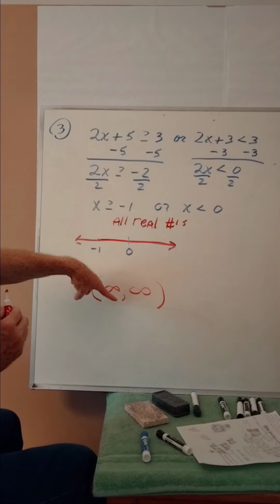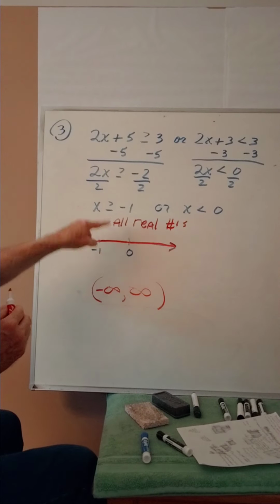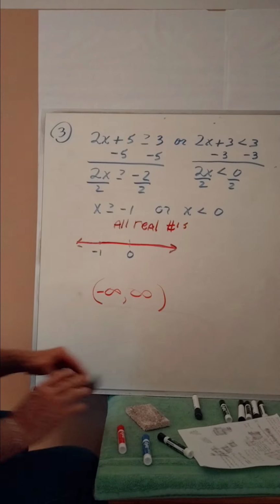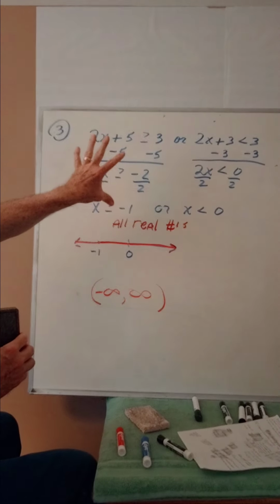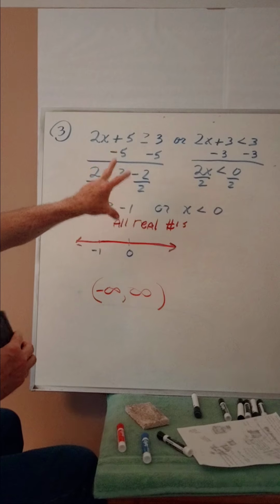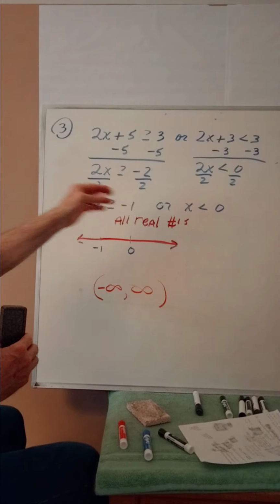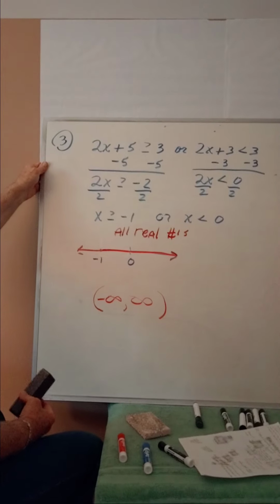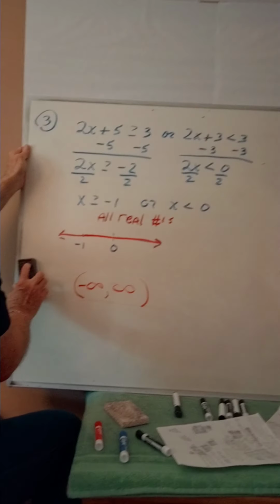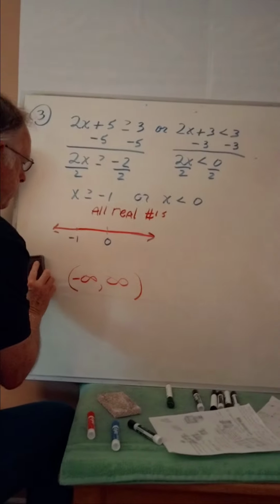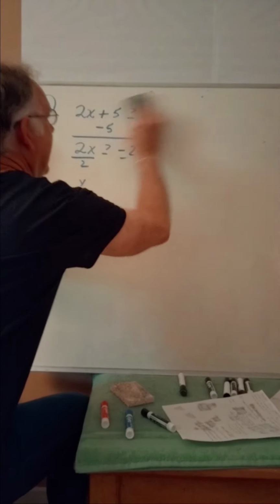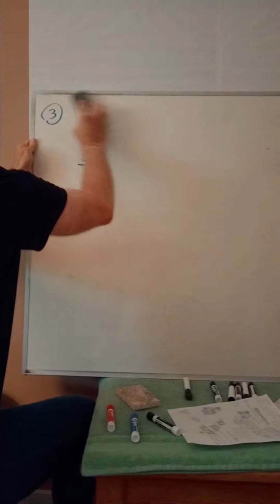This already speaks to all real numbers. You don't necessarily have to write it down, but I did. That is one of the unique looking problems that deals with a disjunction. It's not going apart. It's the entire number line. I wanted to show that. One last one before we end 4-2.